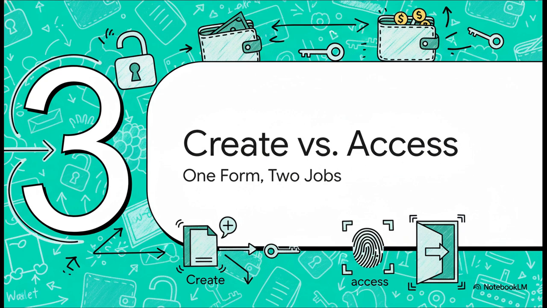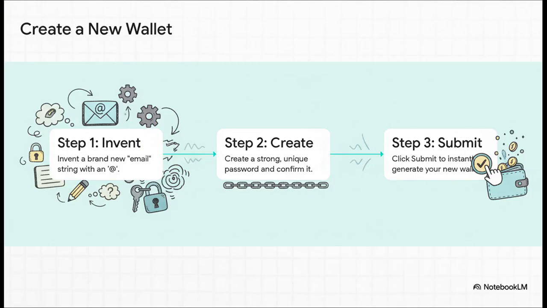Okay, theory's great, but let's get practical. How does this one little form do two totally different jobs, creating a new wallet and accessing an old one? Creating a new wallet couldn't be easier. You literally just make up a brand new login combo. Invent a secure email string, make up a super strong password you've never used for anything else, confirm it, and you hit submit. And poof, a brand new, unique wallet is born from that exact combination.